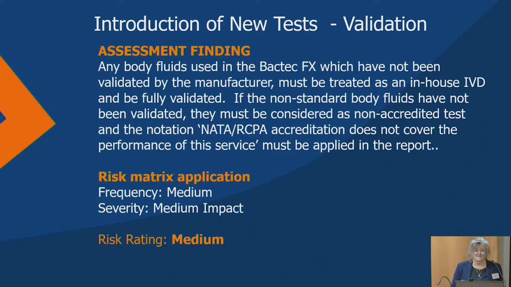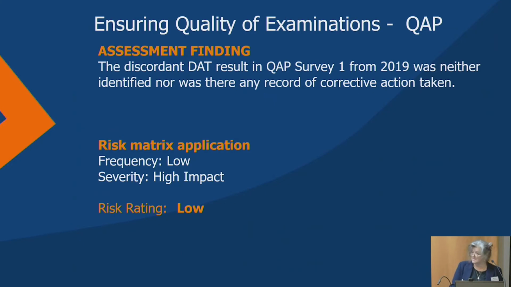If it's not validated, there has to be a notation included on the report to say that it doesn't cover the performance of this test. So this was validation. It would probably have medium impact, because you'd get more context around it. Had they done any testing? Why were they doing this testing? Was it just for research purposes within pathology, or was it to actually get results out? And you would determine that this was a medium impact result.